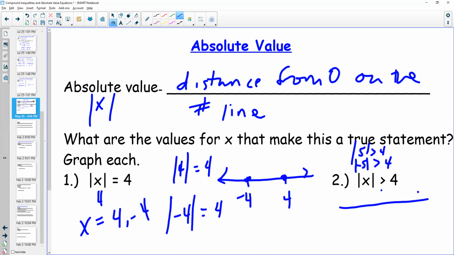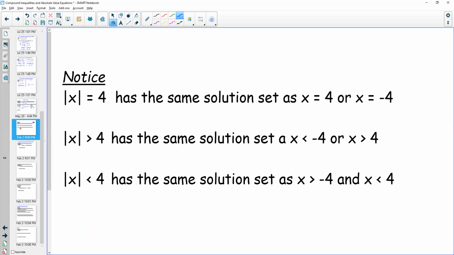So think about those numbers. They're any number greater than 4 or less than negative 4, like a negative 5, a negative 6. So in the graph here, it's all the numbers to the opposite sides. And I do that with hand signals, like you can see me, but you can't. Oh, and I must have missed the bottom part here.